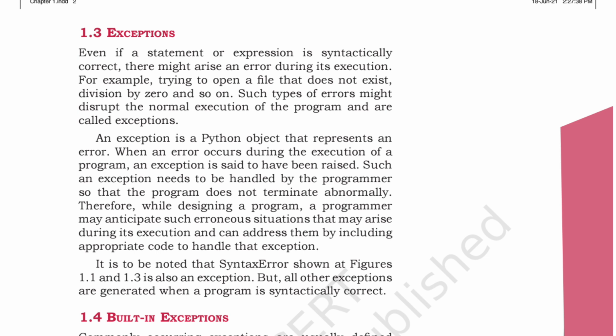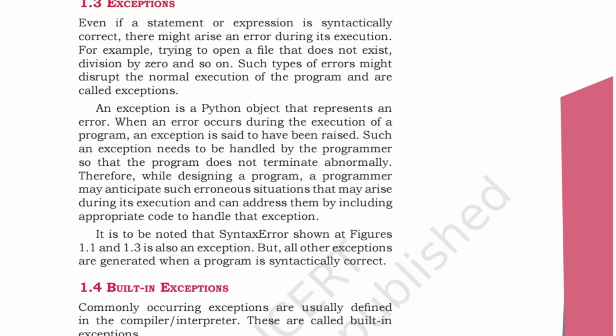While designing the program, a programmer may anticipate such an anomalous situation that may arise during its execution and can address them by including appropriate code to handle that exception. We have to write the code appropriately while writing the program so that the exception will be handled and then we can execute the code.